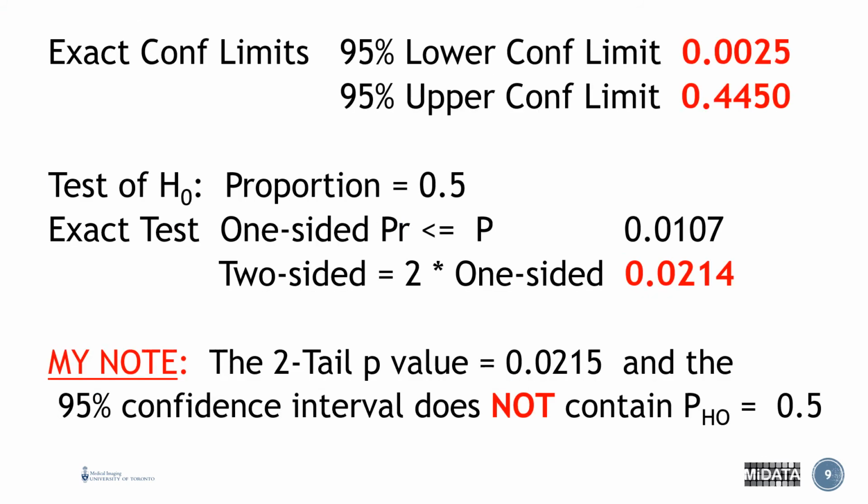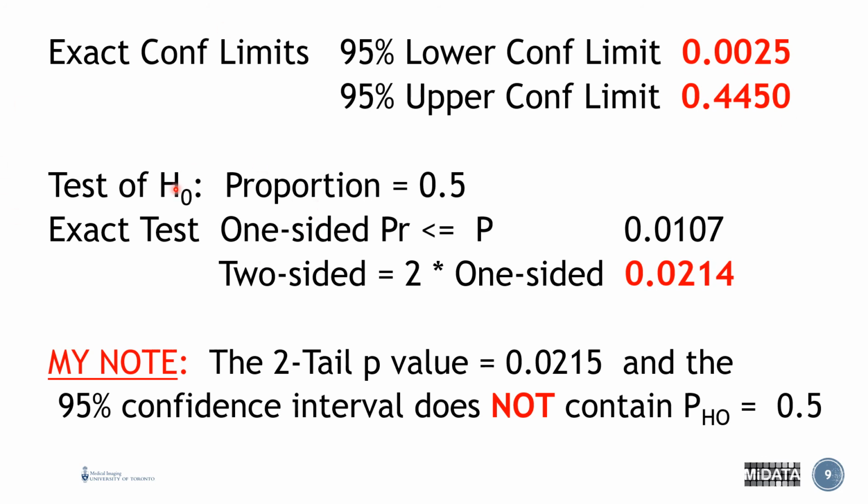However, what does change are the results. So if you look at the exact confidence limits, the range now is 0.0025 to 0.4450. And you will immediately note that this does not contain the null hypothesis proportion or probability of 0.5.